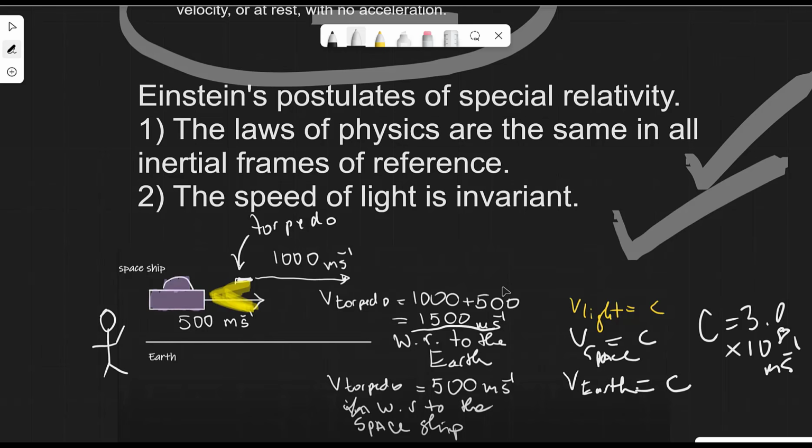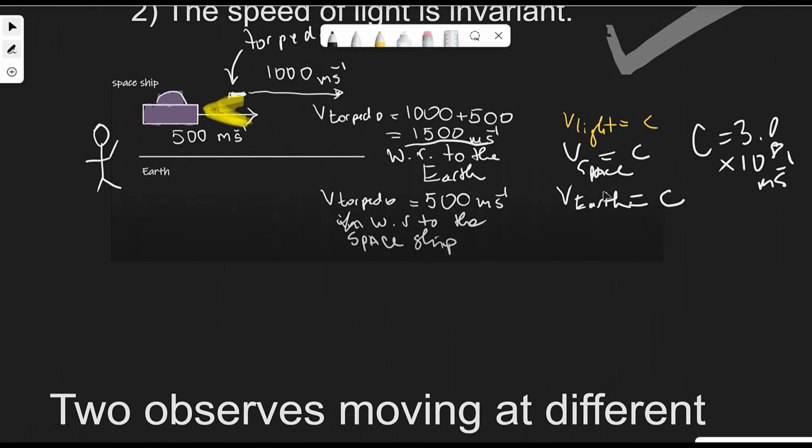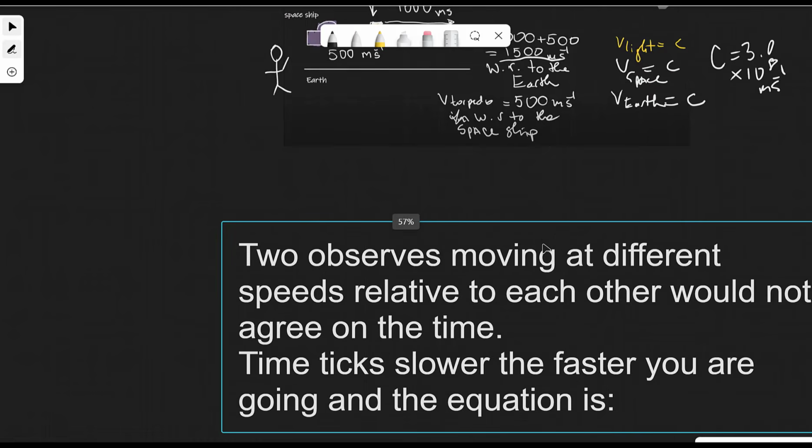This is incredibly bizarre. The only way this happens is if space and time are bent to accommodate the constant speed of light in every inertial frame of reference.